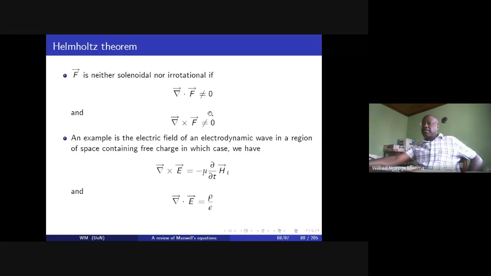An example of such a field is the normal electrodynamic waves that we shall be dealing with, which have free charge, in which case the curl of E is equal to minus mu d/dt of H of t, that is the minus time rate of change of B. And the divergence of E is equal to the volume charge density divided by epsilon.